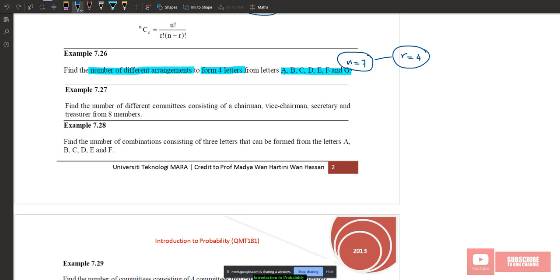It says here, find the number of different arrangements. So in this case, the order is important.